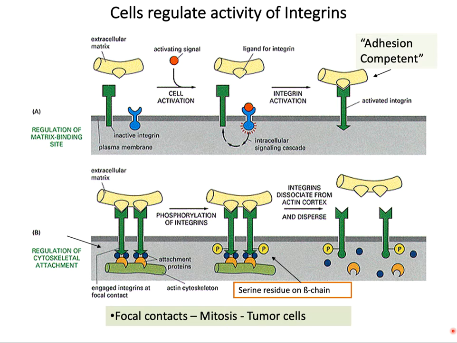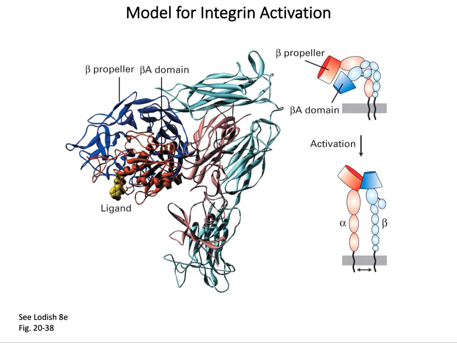And interestingly, malignant tumor cells often abnormally downregulate the activity of integrins. And this makes sense because tumor cells are very rapidly dividing cells. They're undergoing abnormally high levels of mitosis, so active integrins would be detrimental in that case. And also, inactivated integrins facilitate metastasis, or spreading, of these tumor cells.